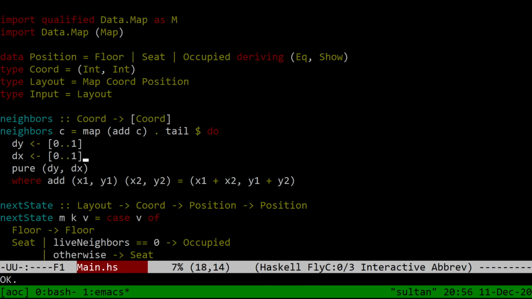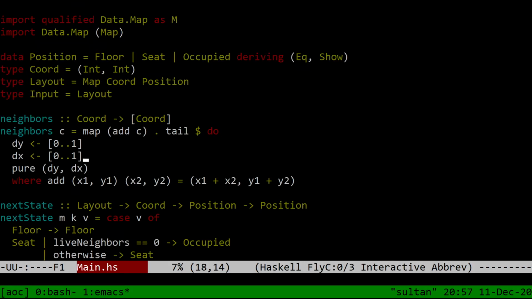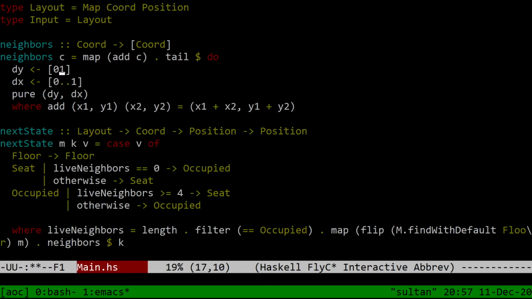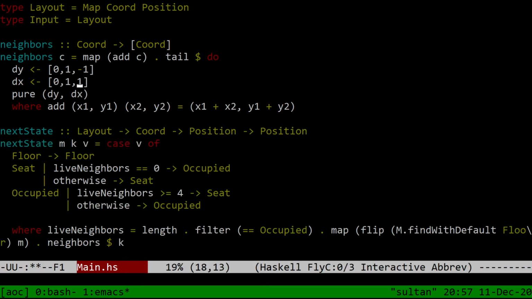And so if we test this, we can say neighbors of, I don't know, 3, 3. What? Oh, I forgot it's -1. Oh, okay. Right. 0, 1, -1. 0, 1, -1. The reason it's important that the 0 come first is that that's how I'm removing the 0, 0 case.